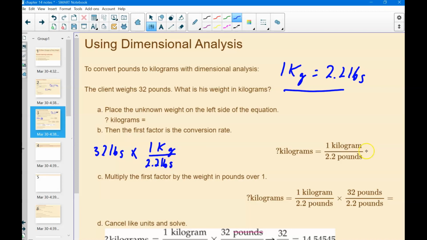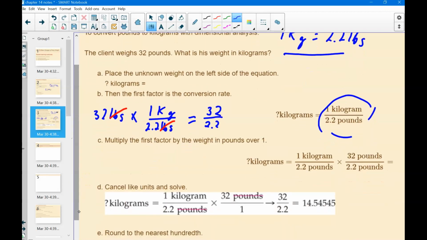You can see it looks the same as what they have done over here, so nothing new here. But then the thing about that is pounds will cancel, and I'm left with 32 divided by 2.2. I get the same answer they get down here of 14.55.